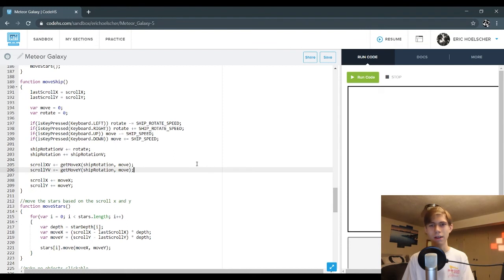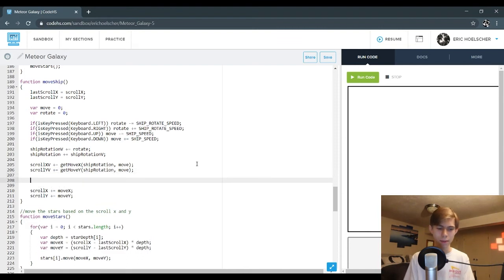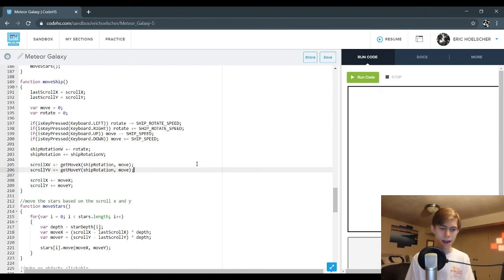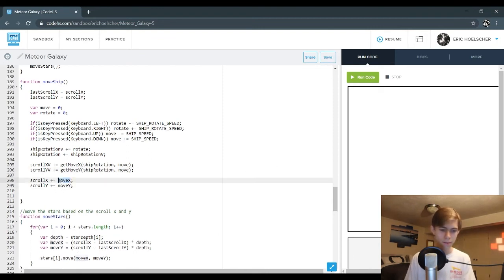Like I said, to make it more controllable, it's going to slow down the velocities. I'm going to do this after we add to the scroll X and scroll Y, which should be scroll X velocity and scroll Y velocity.